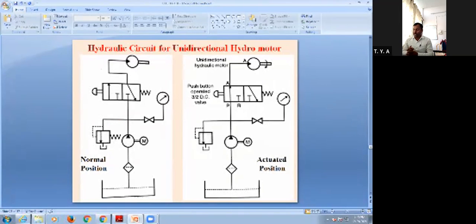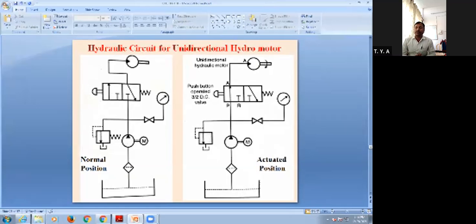As we know, the hydraulic motor is another major actuator in the hydraulic system. The hydraulic motor, or rotary motor, converts the hydraulic energy into rotational motion, similar to the hydraulic cylinder. In the hydraulic cylinder, we are converting the hydraulic energy to linear motion.